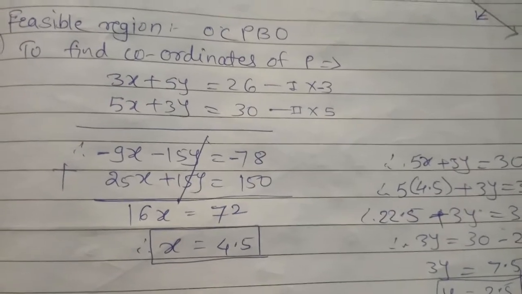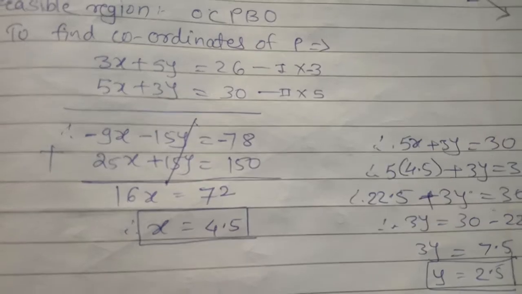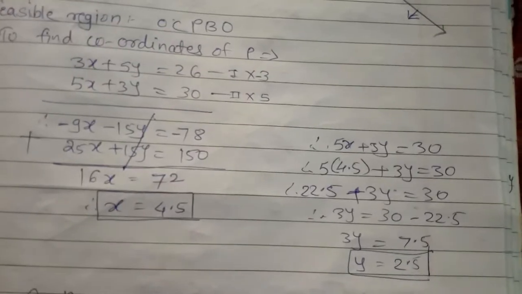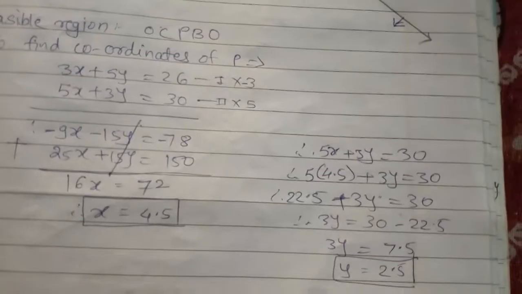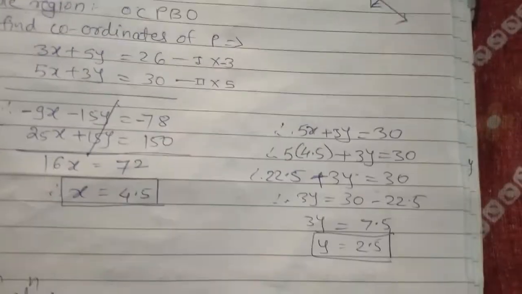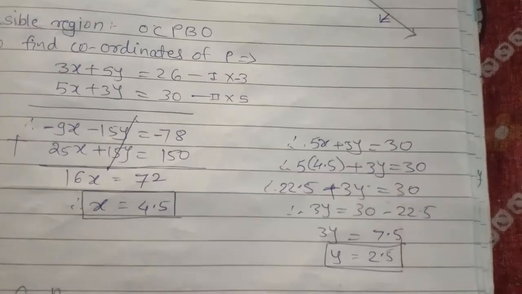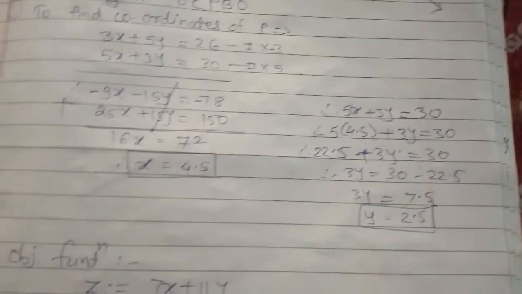You know how to solve simultaneous equations. So by solving this, we get x equals 4.5, and again we put this value, 4.5, in the equation 5x plus 3y equals 30. By solving, we get y equals 2.5. So these are the coordinates of point P, that is 4.5 and 2.5.